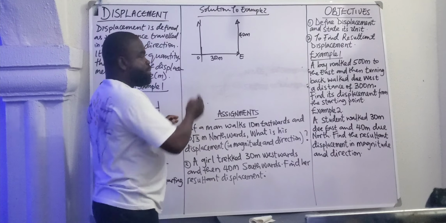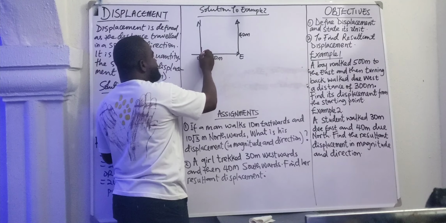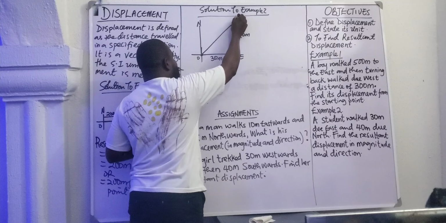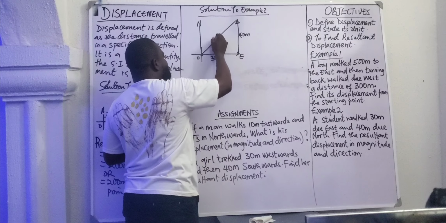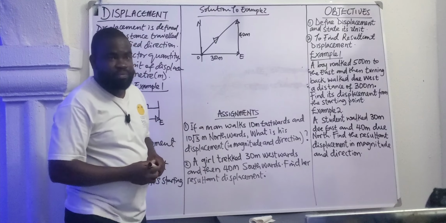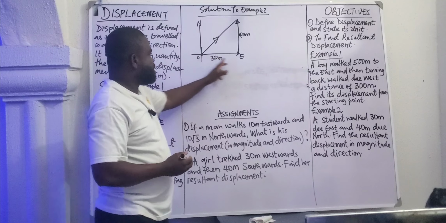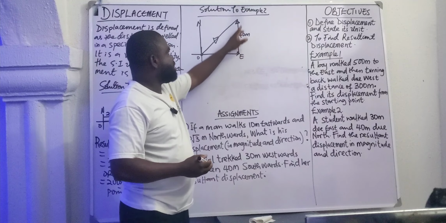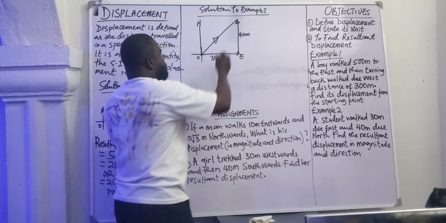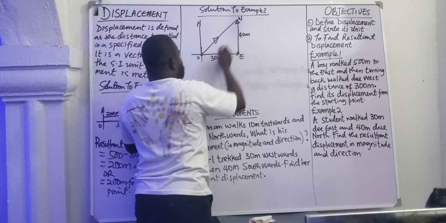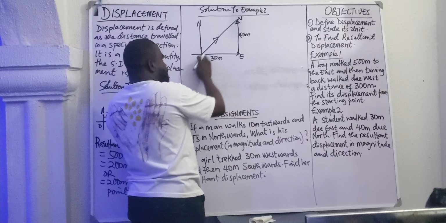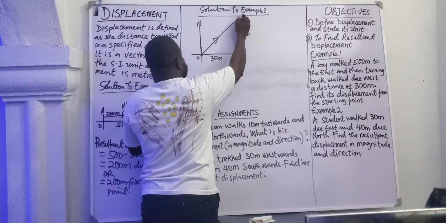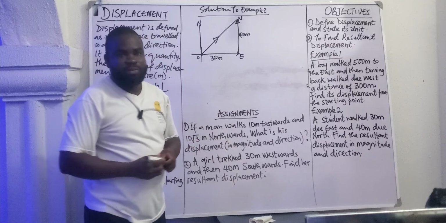So the resultant displacement will be from where it started to where it is now. Can you see that? I move 30 meters due east and 40 meters due north. The resultant displacement is now from the starting point to where it is now.